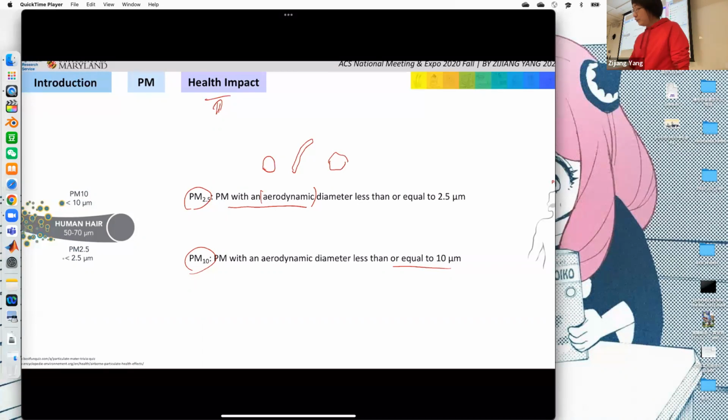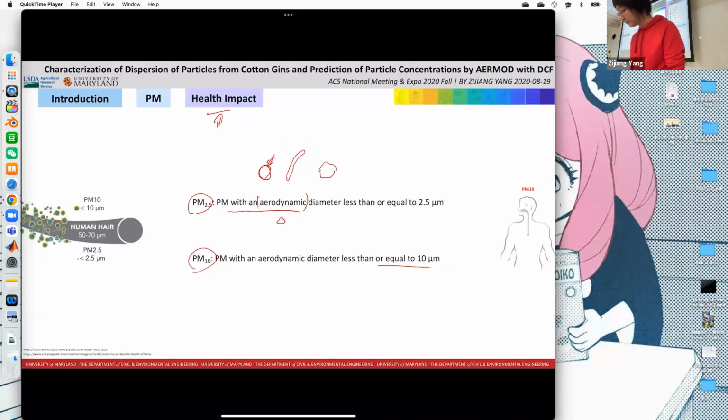So we use the aerodynamic diameter, which means that as long as their behavior in the air under some aerodynamic conditions is the same as a perfect sphere, we can consider them as having the same aerodynamic size.